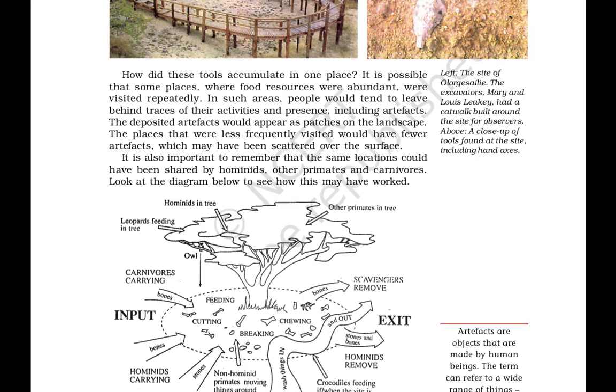The deposited artifacts would appear as patches on the landscape. The places that were less frequently visited would have fewer artifacts, which may have been scattered over the surface. It is also important to remember that the same locations could have been shared by hominids, other primates, and carnivores.